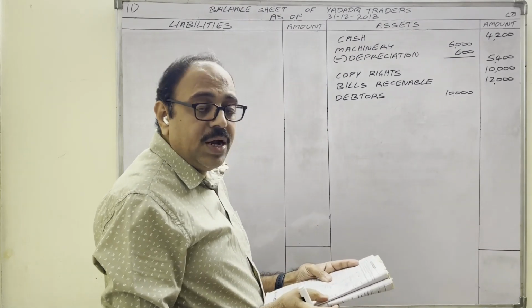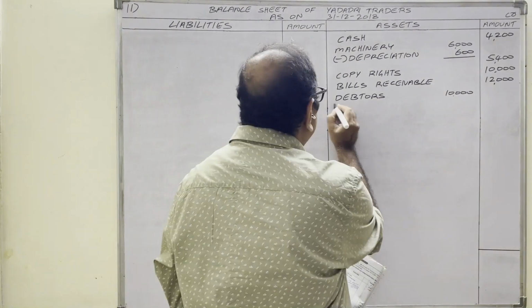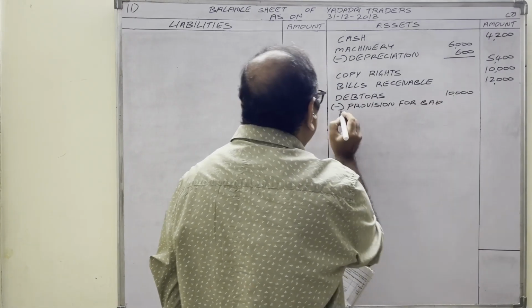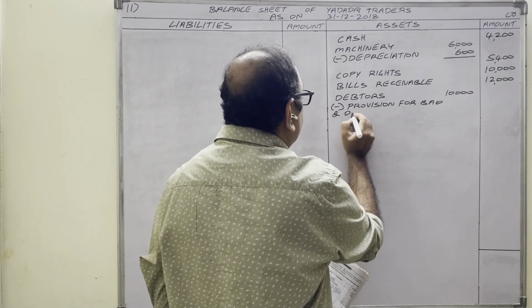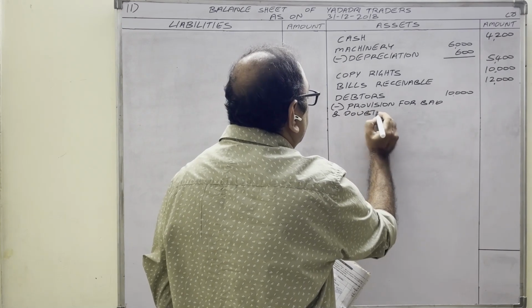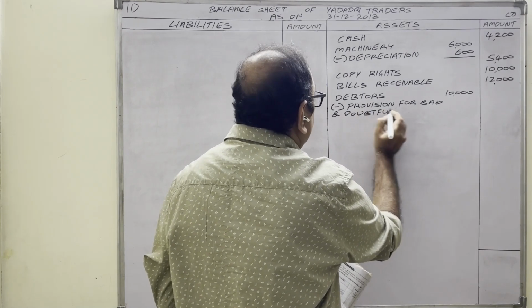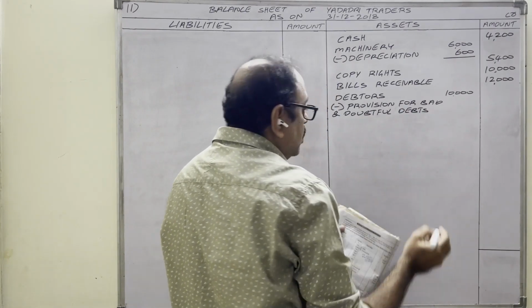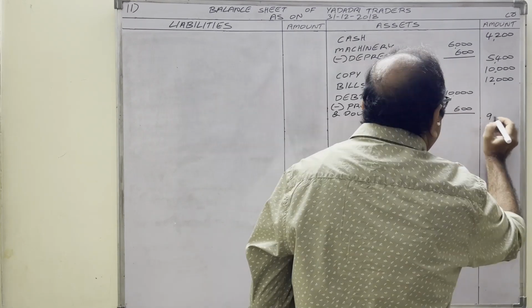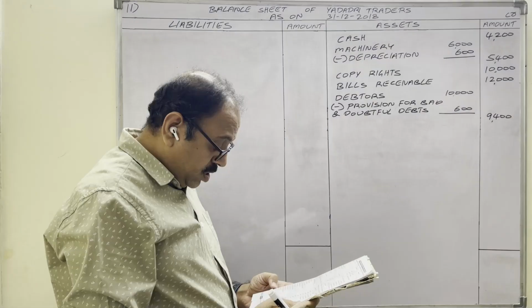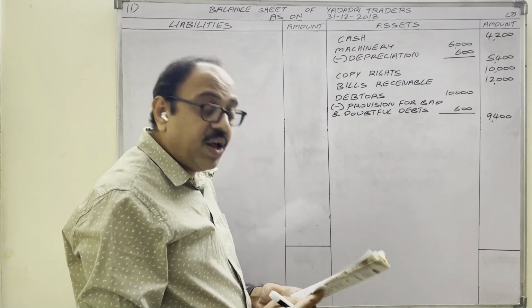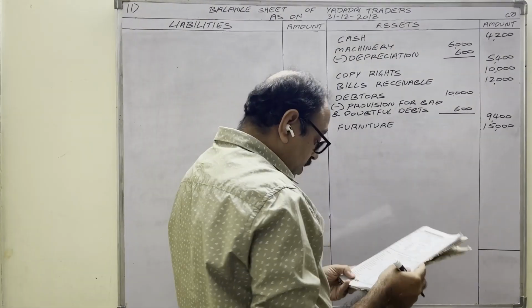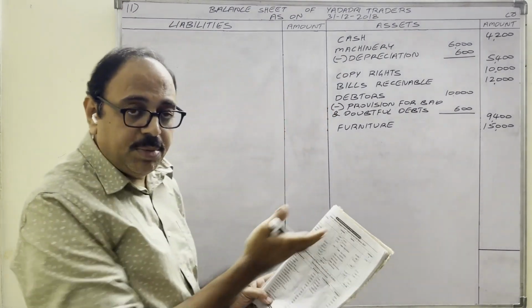That amount here we have to subtract as provision for bad and doubtful debts. 9,400. Task completed. Drawings, furniture, asset, 15,000 rupees. Office expenses, internet charges. Debit side completed.